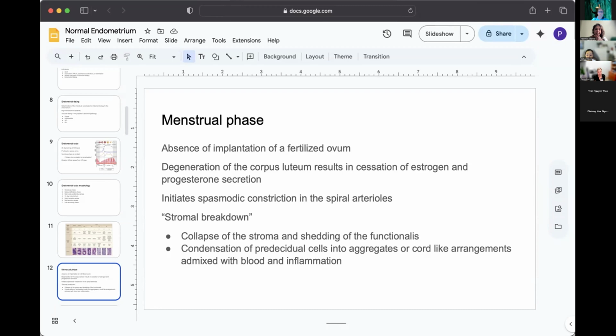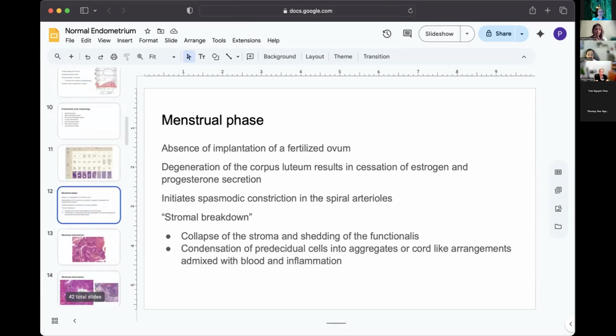And that decline in those hormones will initiate this spasmodic constriction of the arterioles, and then the shedding happens, and that's collapse of both stroma and the glands that were in that functionalis layer. And then the pre-decidualized cells will also condense into aggregates and cord-like arrangements. So you might see in a biopsy at this time a lot of blood and acute and mixed inflammation. And these are all normal things that you would see during a menstrual phase on a biopsy.